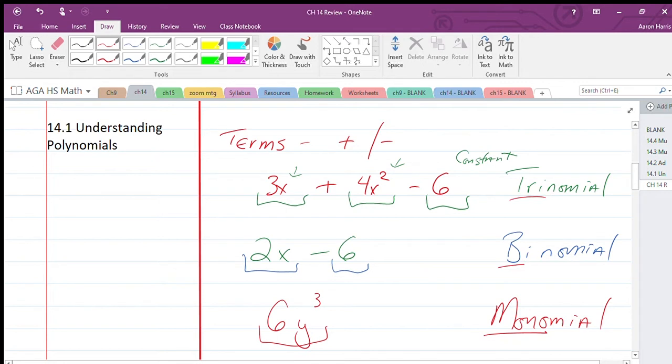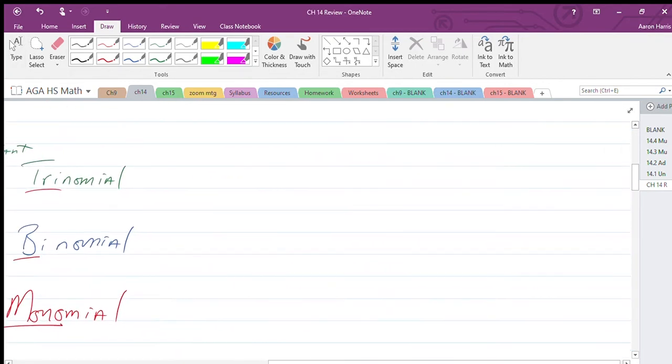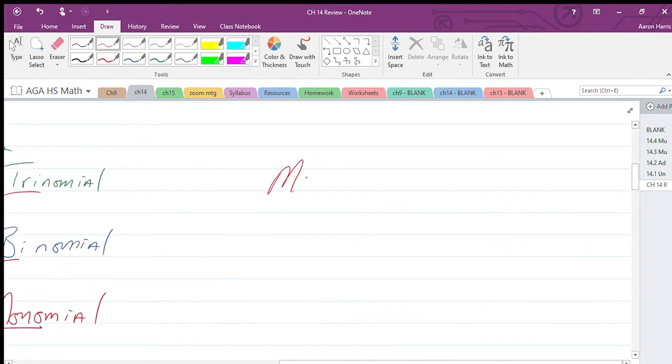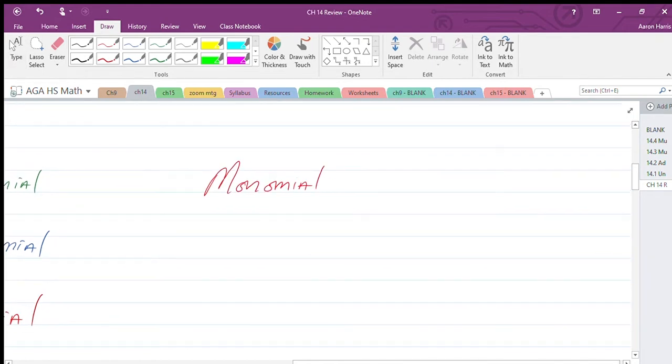Now here's the thing. Monomials build all the other ones because this is a monomial, this is a monomial, monomial, monomial, and another monomial. So we have to know monomials are made up of what? Well, it's easy to say what they are, okay?